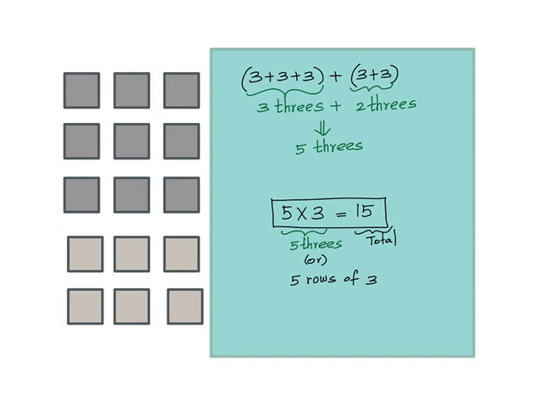The multiplication equation for this array is 5 times 3 equals 15, where 5 and 3 are factors and 15 is the total, and it is also called product. Okay, so 5 and 3 are factors.